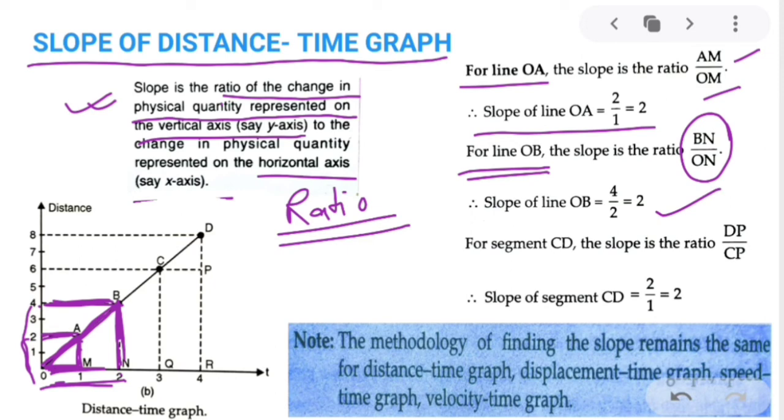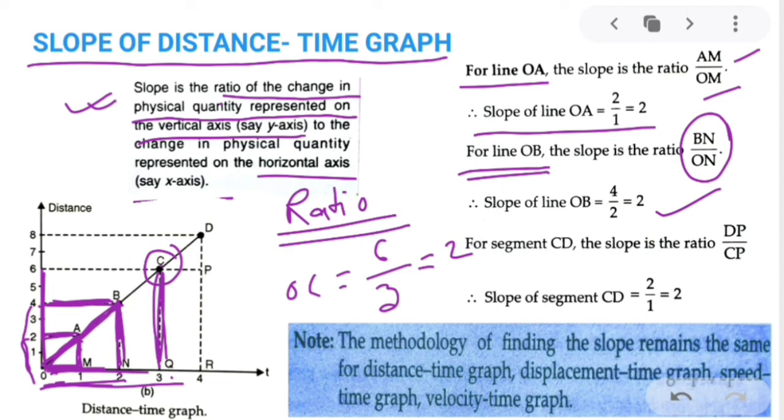Now for C also you can easily find it. It is CQ divided by OQ. CQ is here, you see CQ is 6 by OQ is 3. So for OC it is 6 divided by 3, which is 2.